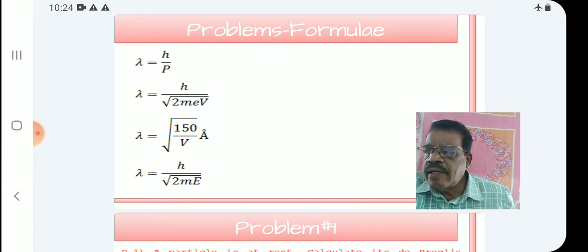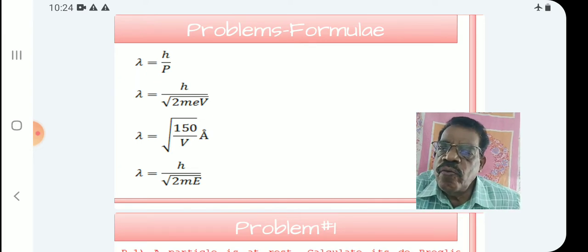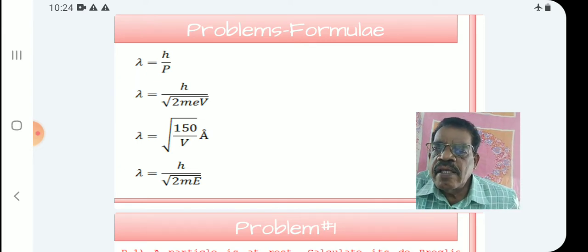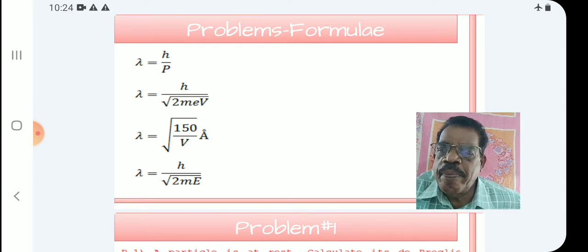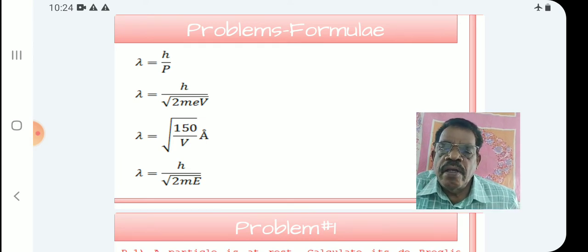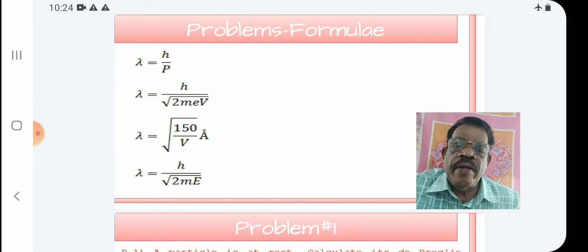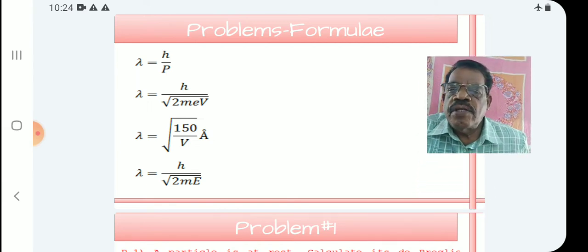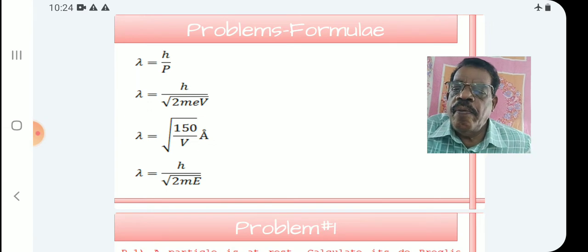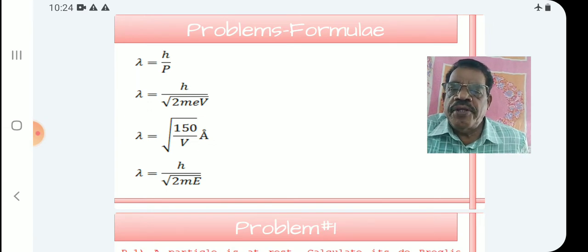So lambda can be said in two ways. In some cases lambda is proportional to 1 by m, and in other cases lambda is proportional to 1 by root m, depending upon the constancy of velocity and also energy.